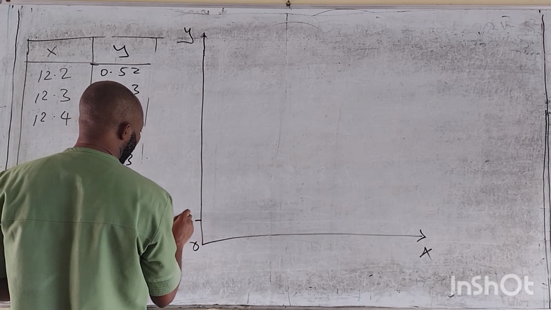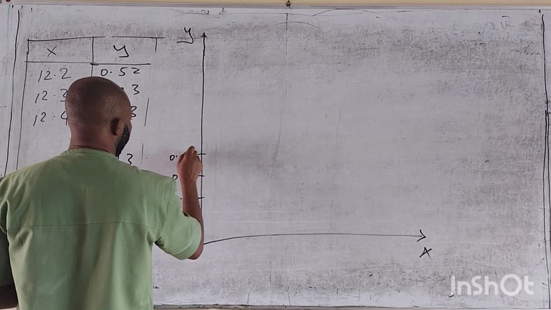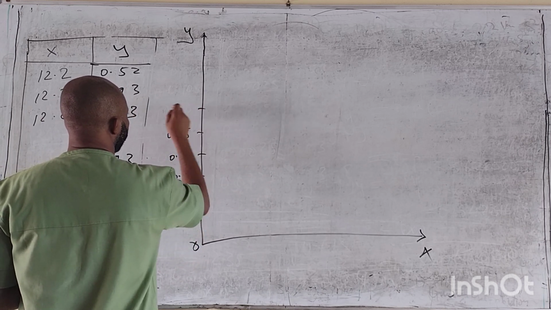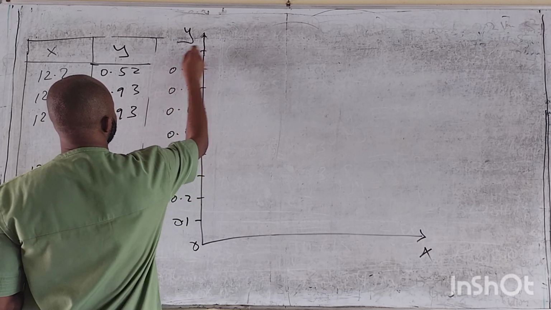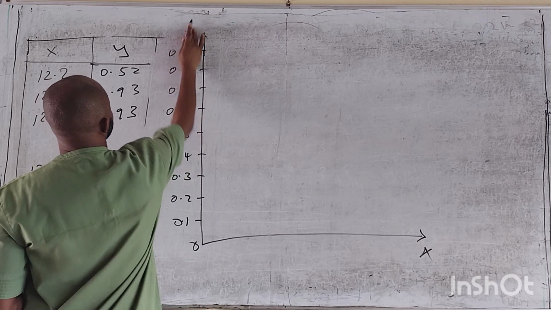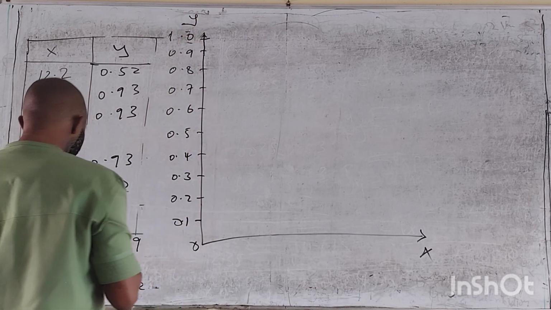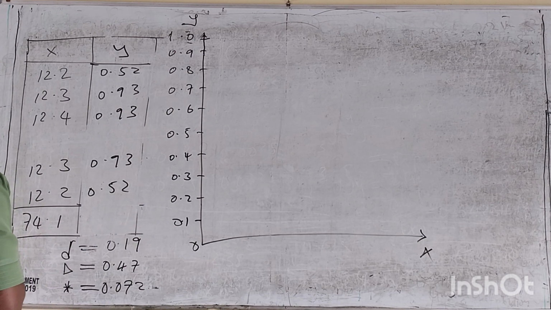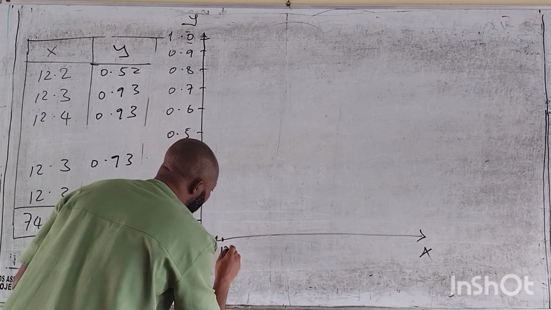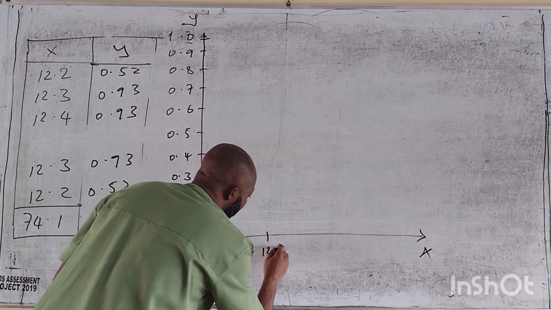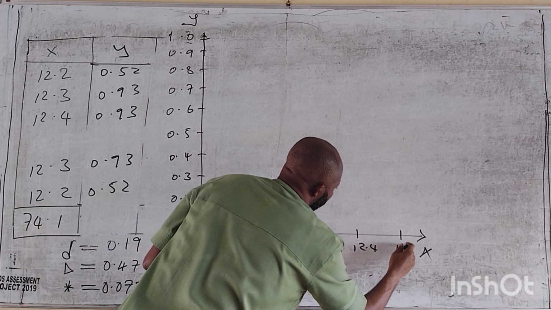Let's take 0.1, 0.2, 0.3, 0.4, 0.5, 0.6, 0.7, 0.8, 0.9, 1.0. I have 12.4 as the highest. So I call this my 12.1, 12.2, 12.3, 12.4, 12.5.